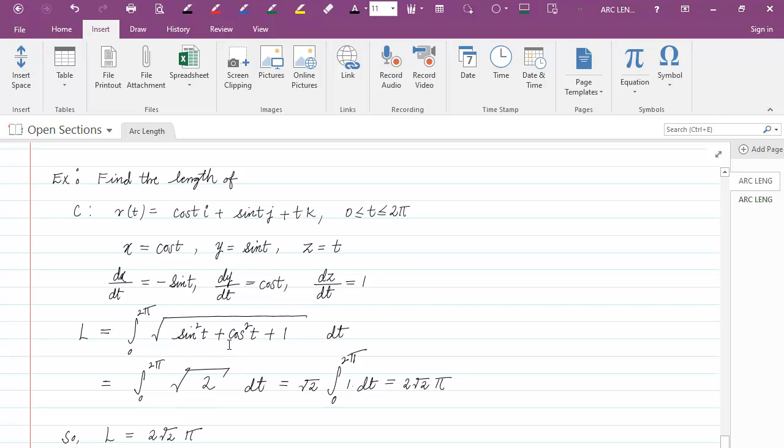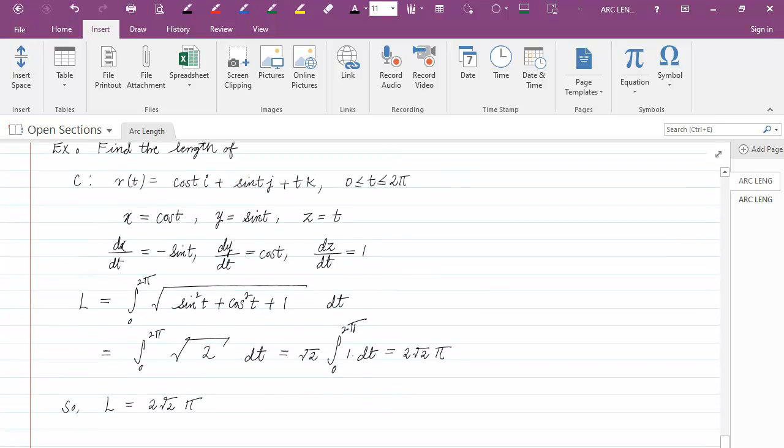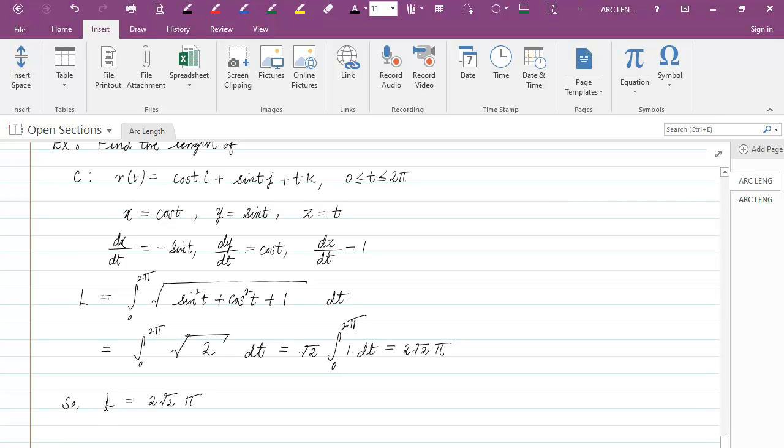Now from trigonometry we know that sine squared of t plus cosine squared of t is 1, so here we get root of 2. Then we get the integral from 0 to 2 pi of square root of 2 dt, and if we evaluate this integral we get 2 root 2 pi. So we see that the length of the curve is equal to 2 times root 2 times pi.